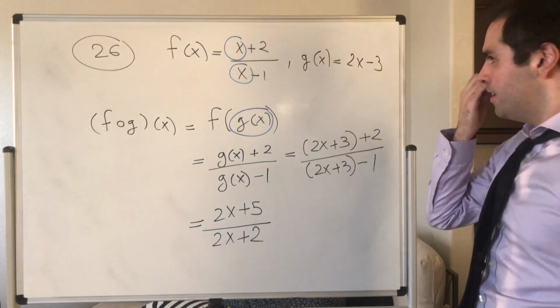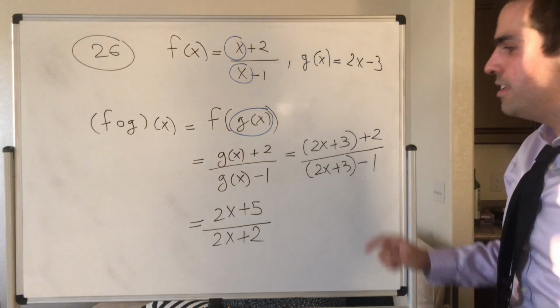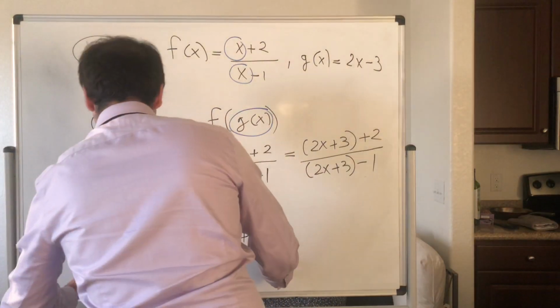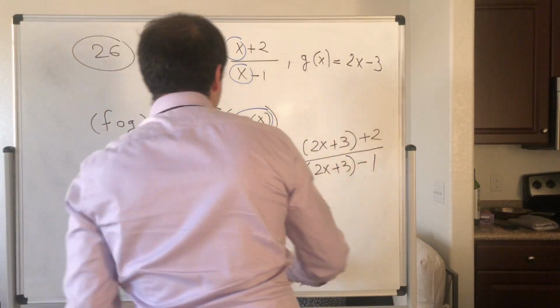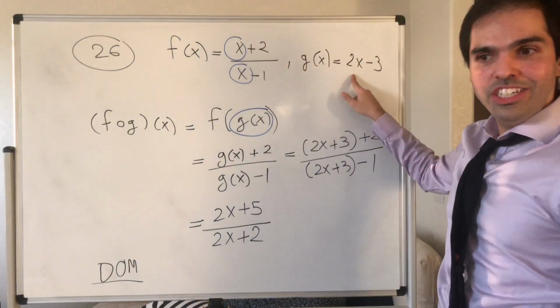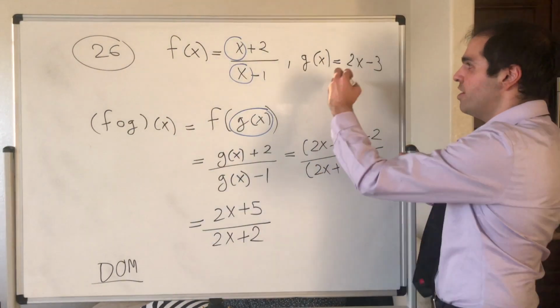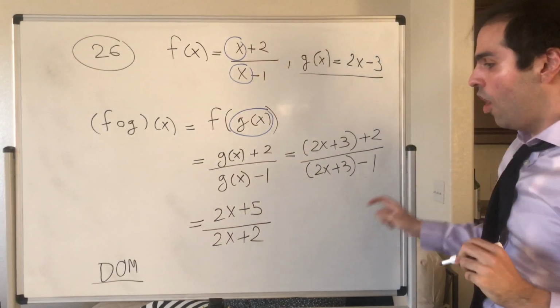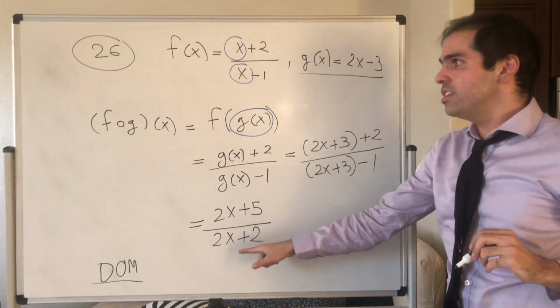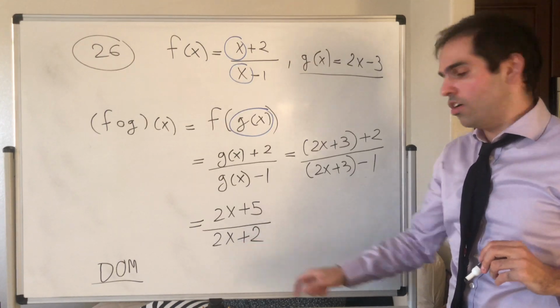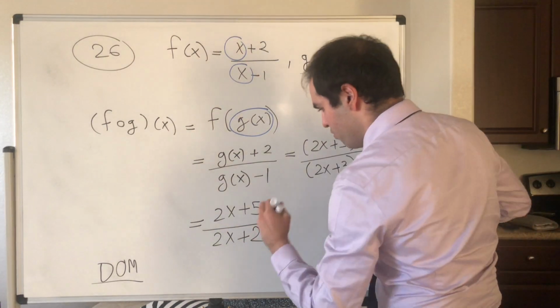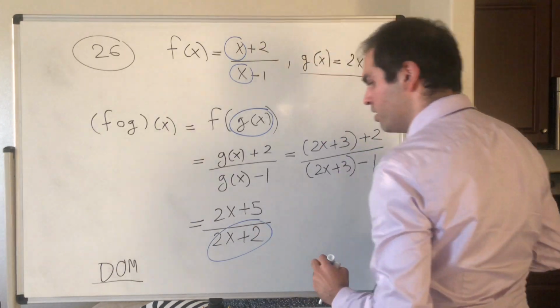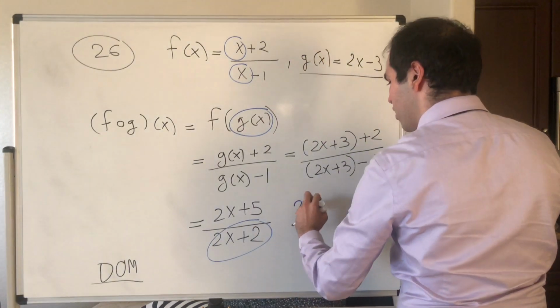Okay. Now, the next question was also, what is the domain of this? Usually you have to watch out for where g is defined, but here g is defined everywhere. So g is defined on R, which means that you just need to look at the domain of the resulting thing. And for this, all we want is the denominator to be non-zero.